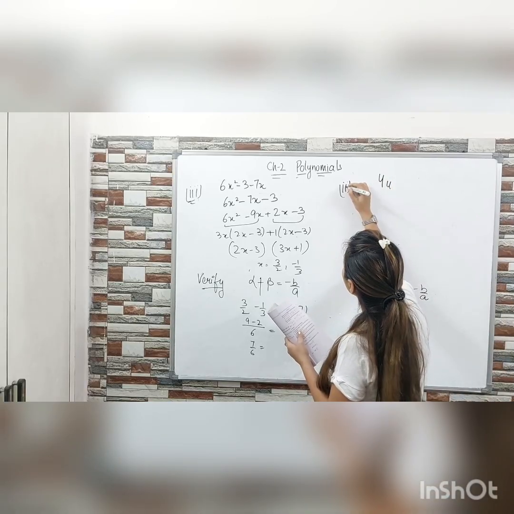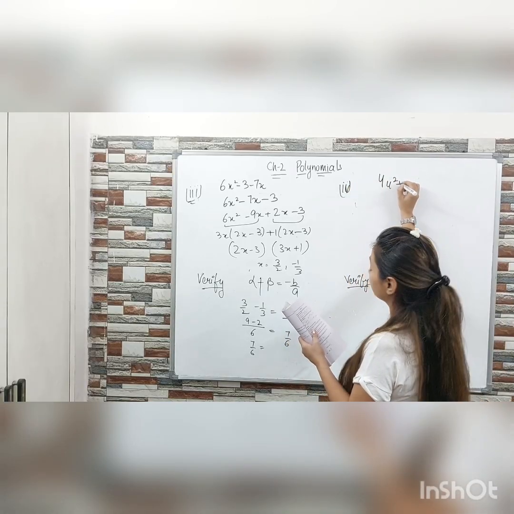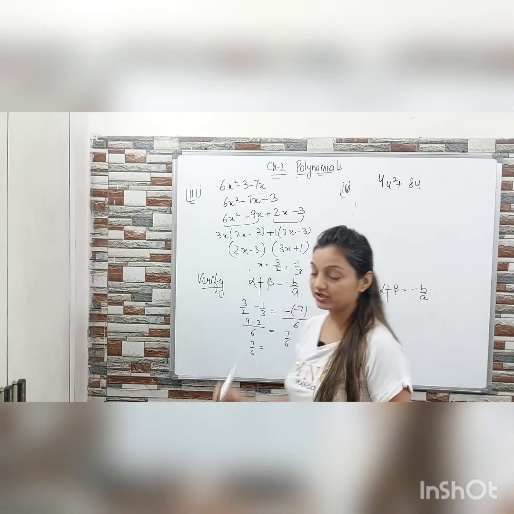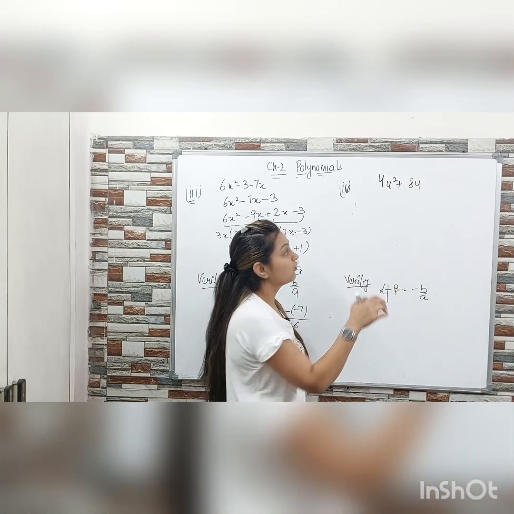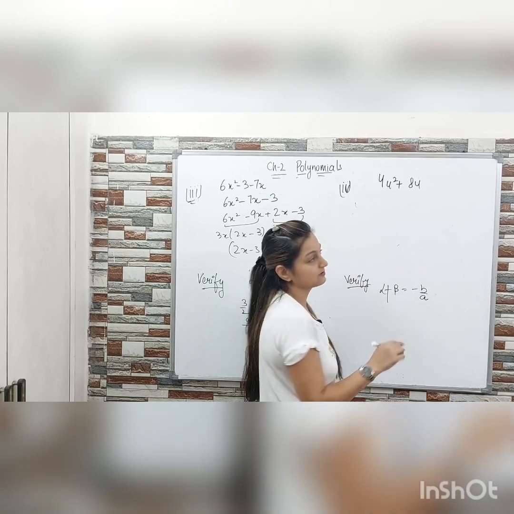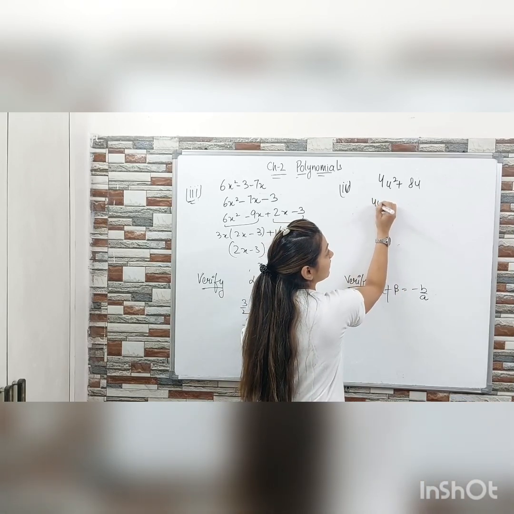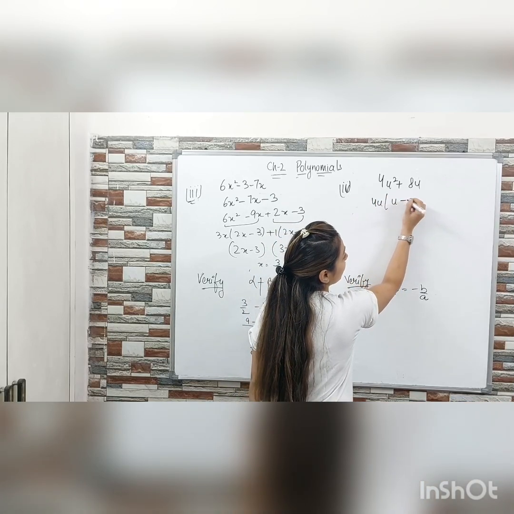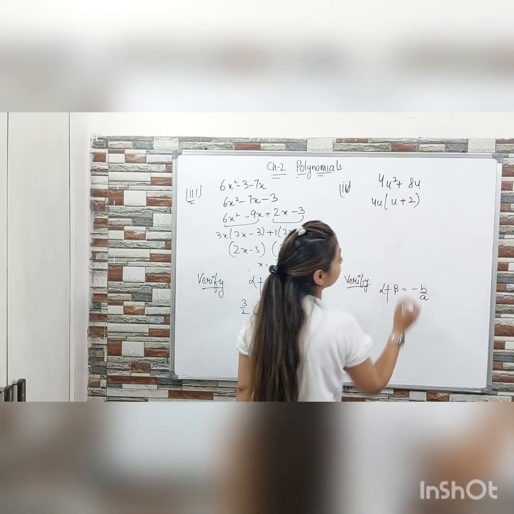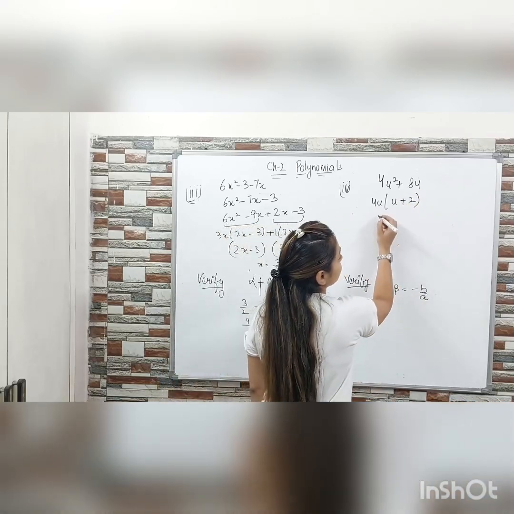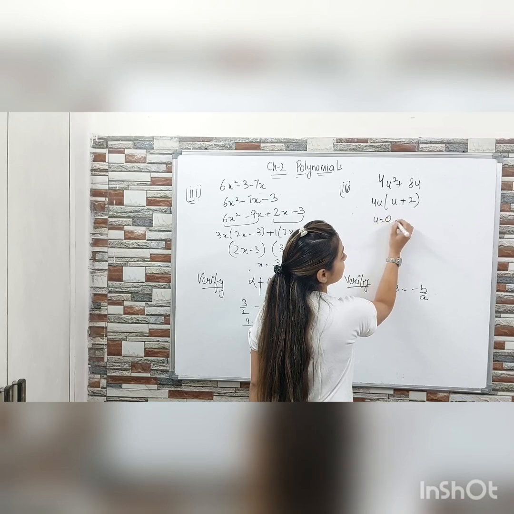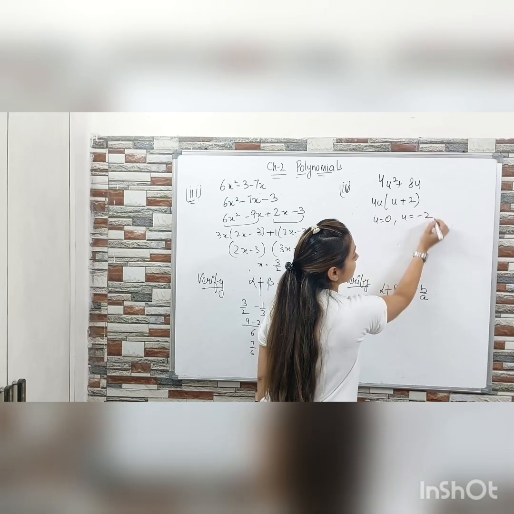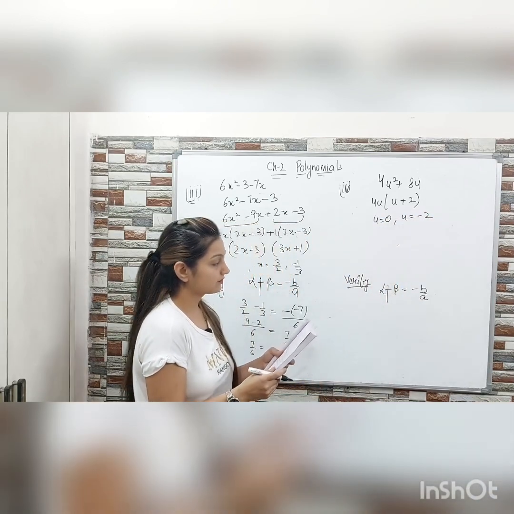I am doing the fourth part, first question. In this question, I have only two terms, so I will not do the middle term split. I will just take out the common, u plus 2. Now the answer is u equal to 0 and u equal to minus 2. These two factors I have got.